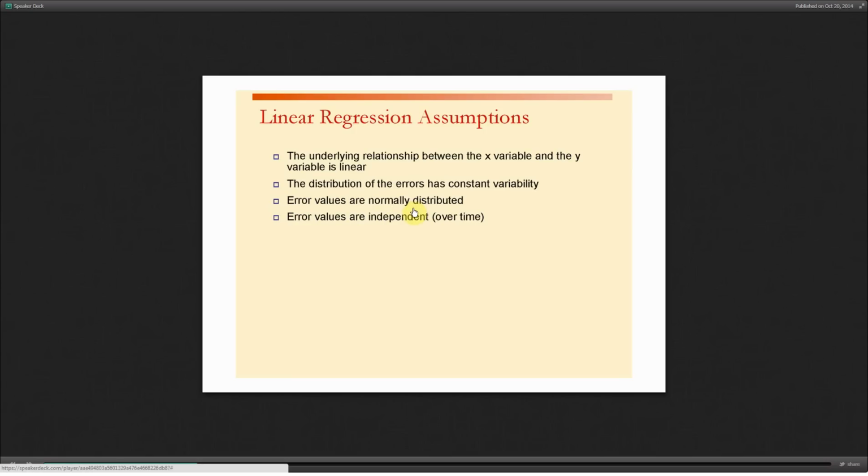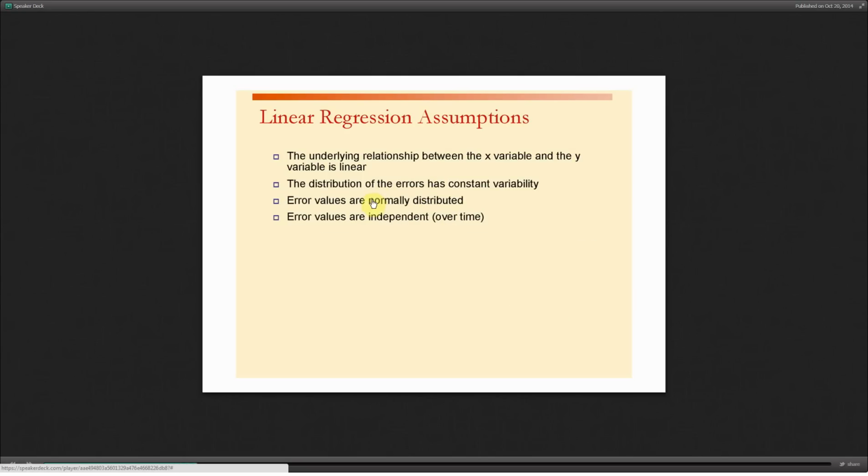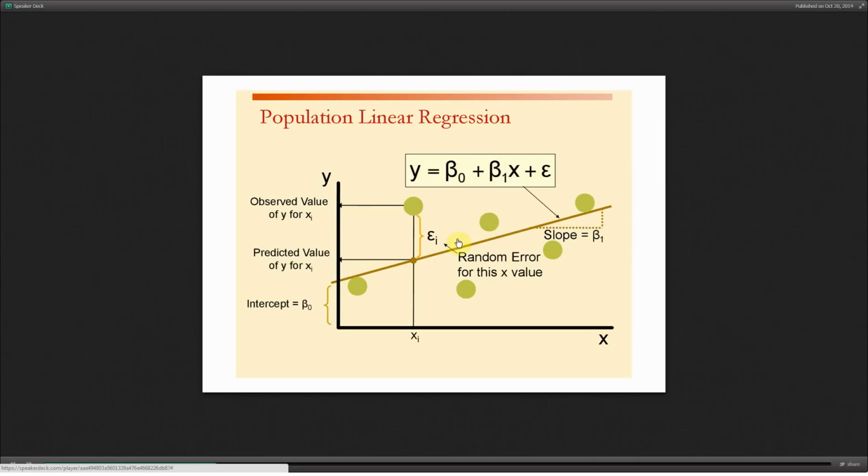So that term right here is the error term that represents the random variable, which is normally distributed, bell-shaped. And we also assume that the values of those errors are independent, that one error at one place is not related to an error at another place. They don't depend on each other; the value of one is not set by or related to the value of another. So graphically, our model looks like this.